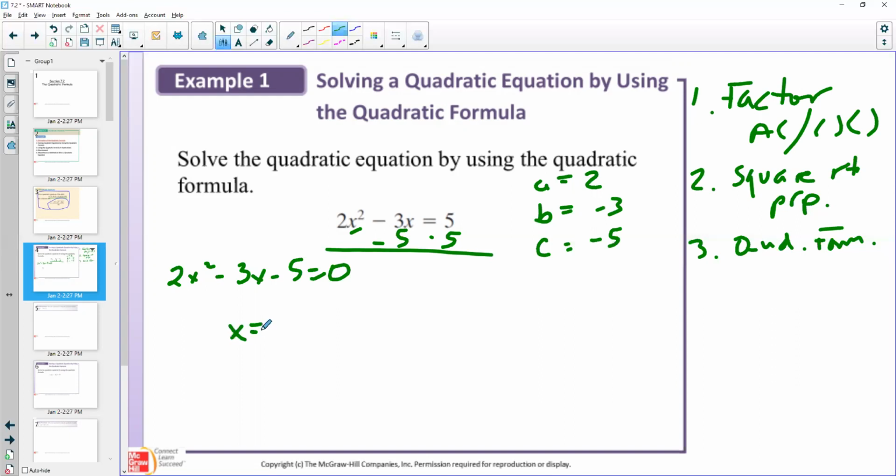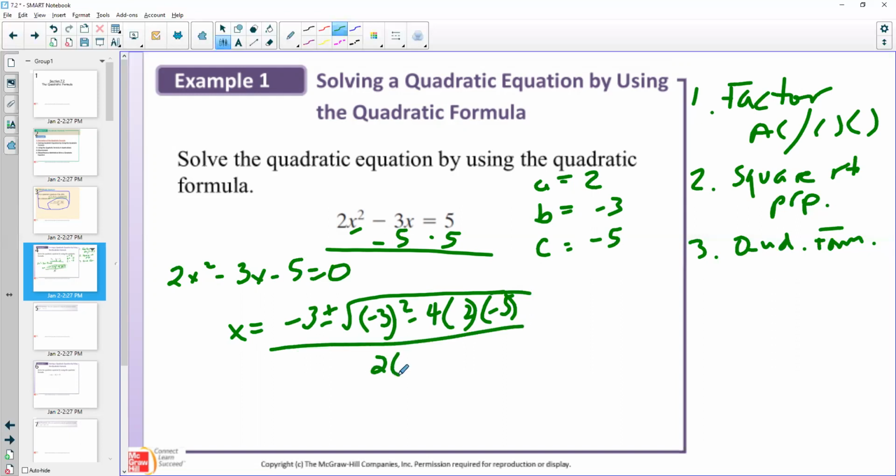It's x equals. This is us solving this equation for x. Negative 3 plus or minus the square root of b squared, which is negative 3 squared, minus 4 times 2 times negative 5, minus 4ac, all divided by 2 times a, which is 2. So now I'm going to do the stuff that's underneath the radical first.